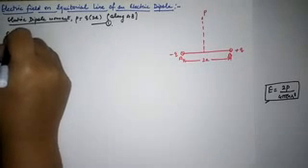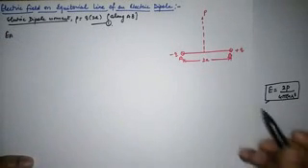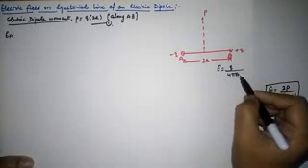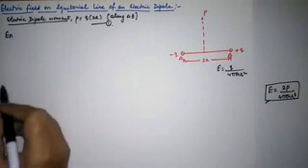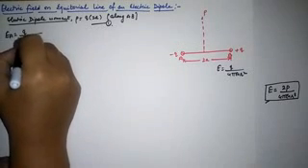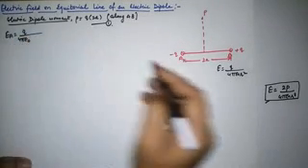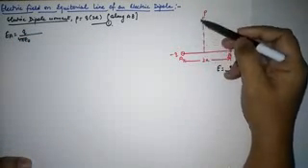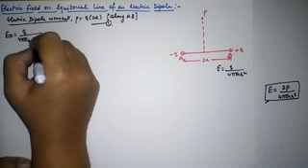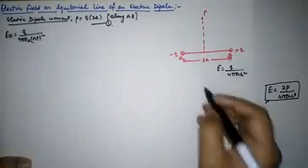EA. We know the formula: E is equal to q upon 4 pi epsilon naught r square. So we will put values. What is EA? q upon 4 pi epsilon naught r square. What is this r? AP, AP whole square. Let's calculate AP.